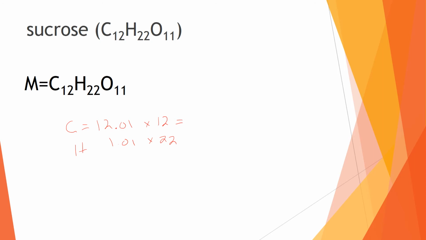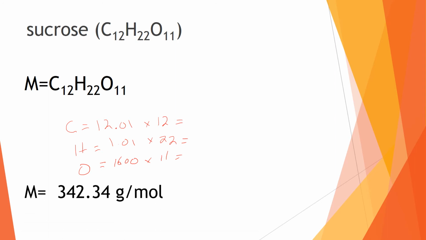Oxygen is 16.00, and there are 11 of these. So I would just multiply these all out and then add them up, and what I should get is 342.34 grams per mole.